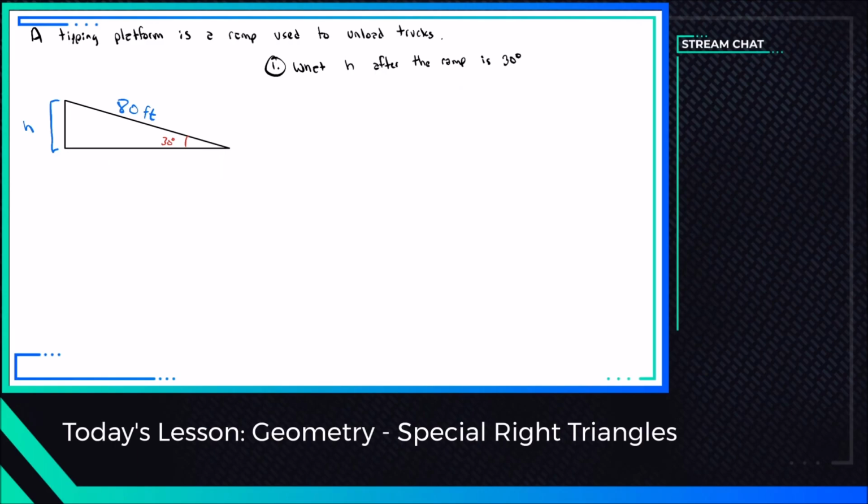The second piece of information we want to ask is, what is H after the ramp is 45 degrees. All right, I don't know in what universe you'd be unloading a truck at 45 degrees, but here we are.